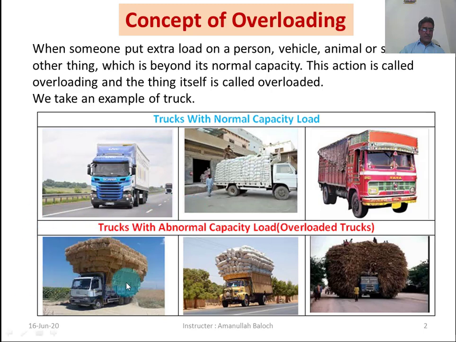That is, it is loading 2 times extra load. One load is within its body, which is the original, normal capacity load, while the 2 times load is extra load. This truck is also carrying 2 times more load than its normal capacity.